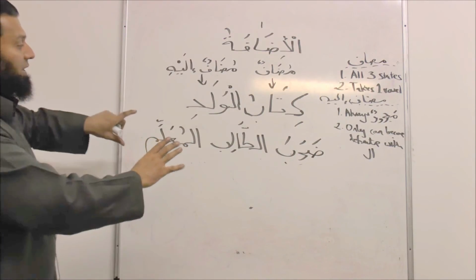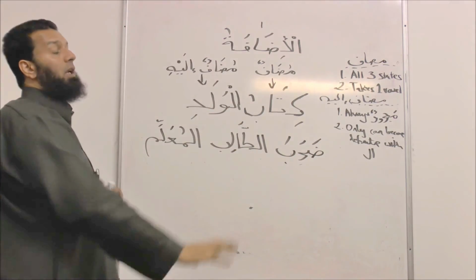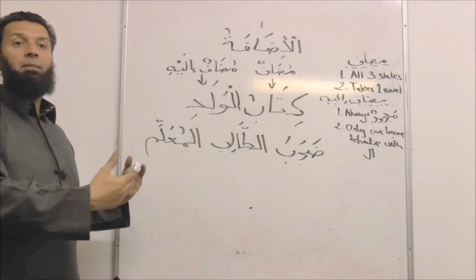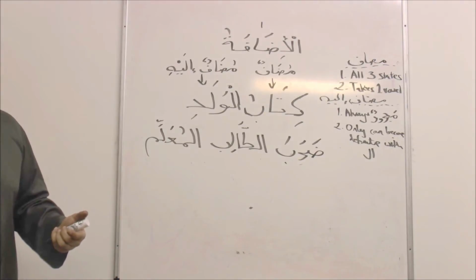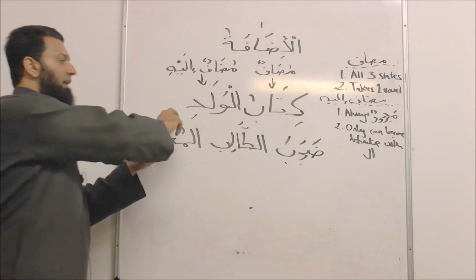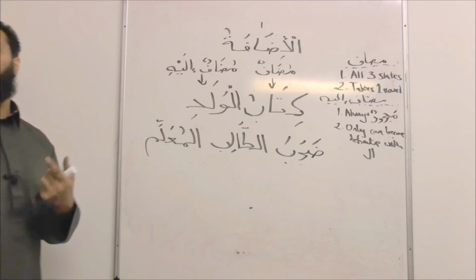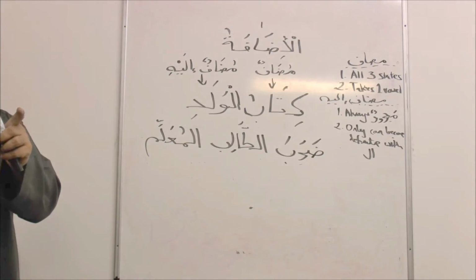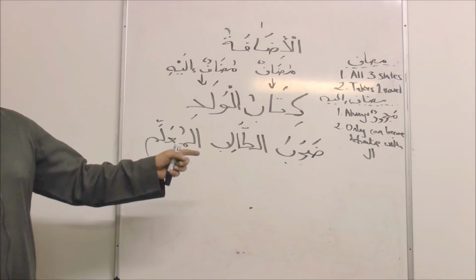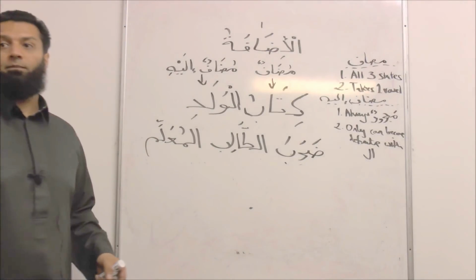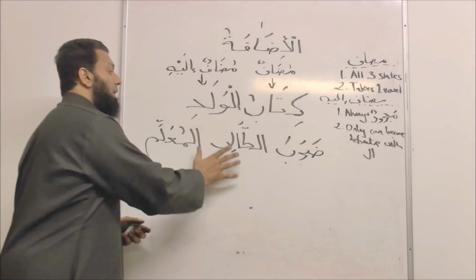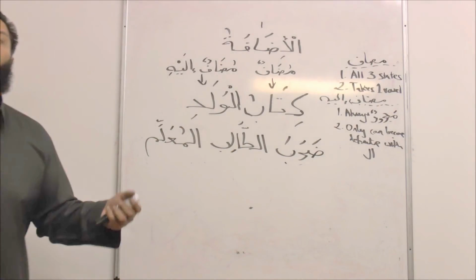If we just have this sentence alone by itself, there's no indicator to tell us who hit who. Ordinarily, if this was in a paragraph or a page of text, from the context you could determine who is the fa'ilun and who's the maf'ulun bihi. You could work it out, right? But just as it is, you wouldn't know.